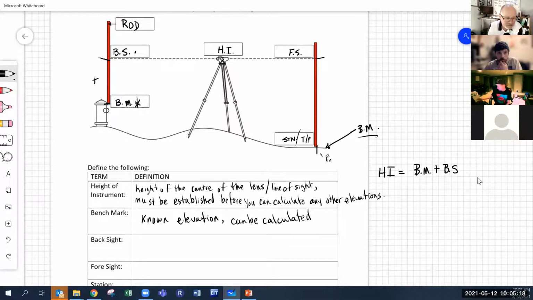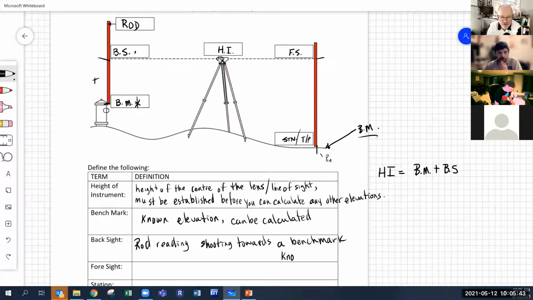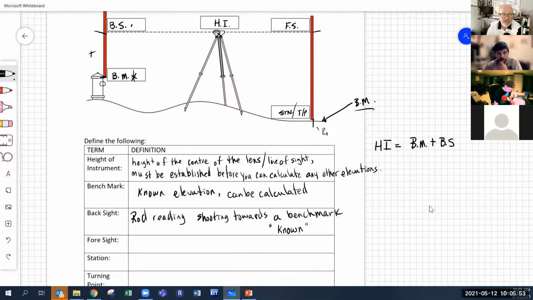Now, a back sight is a rod reading shooting towards a benchmark. And that is a back sight, and that has to be a known benchmark. So you have to know what that elevation is before you do a back sight.